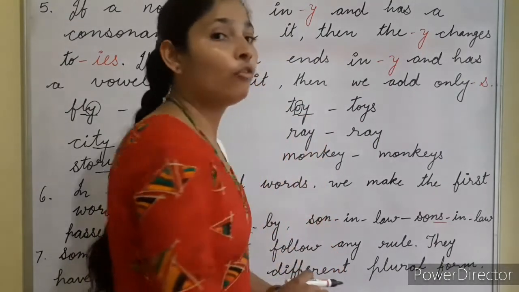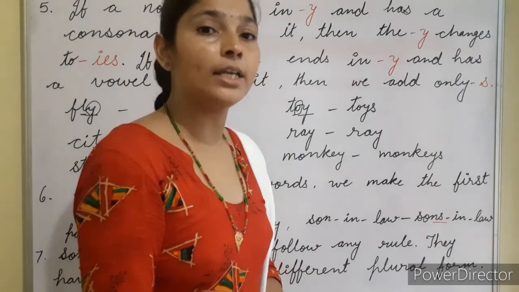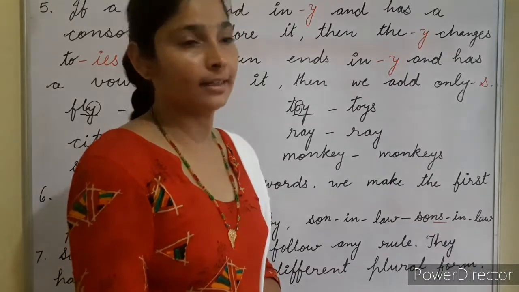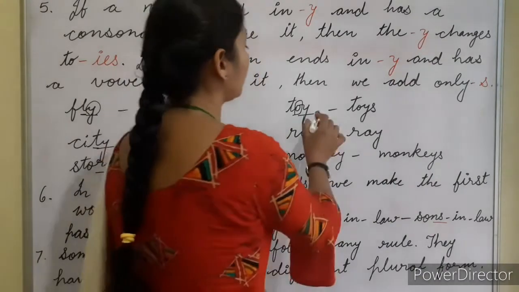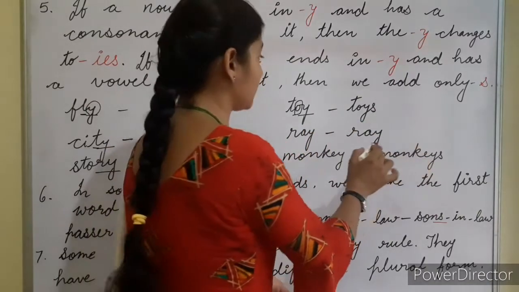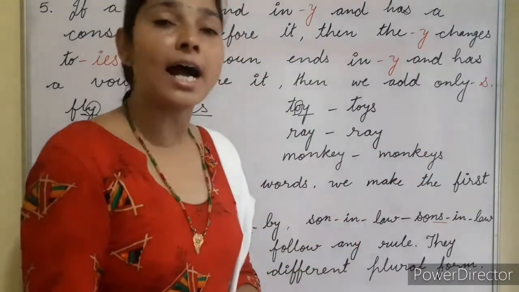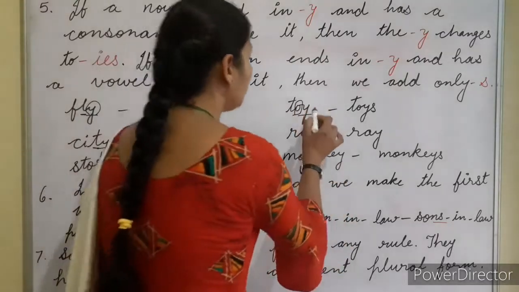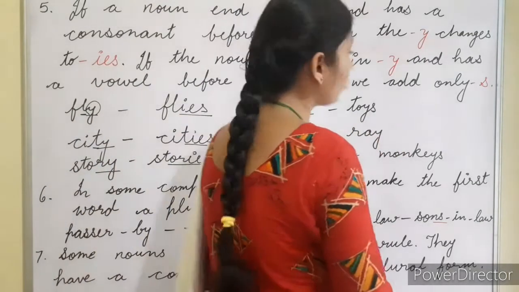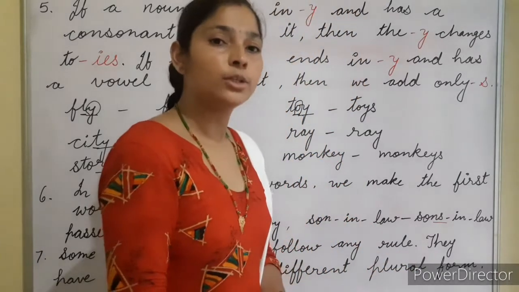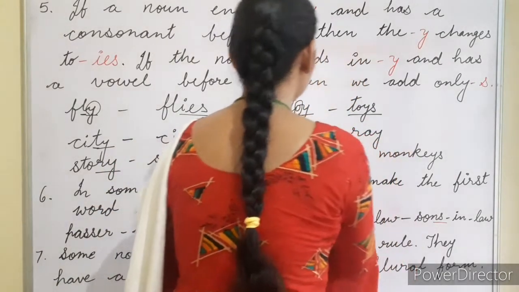O is a vowel: A, E, I, O, U. There are 5 vowels in English. So here before y you are getting o, so we will only add s. We will not add ies here. So the plural of toy will be toys. Next is ray.